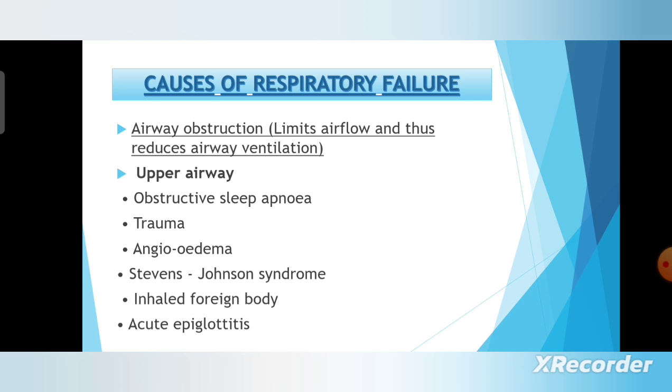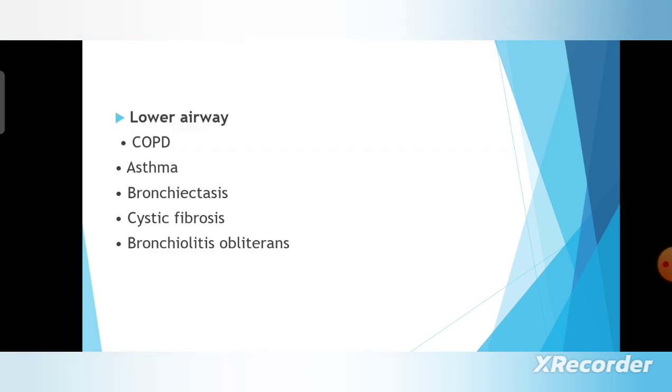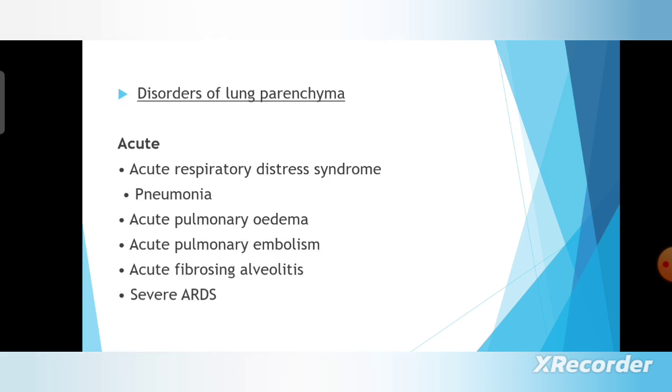Upper airway obstruction includes obstructive sleep apnea, stroma, angioedema, Stevens-Johnson syndrome, inhaled foreign body, acute epiglottitis, and the lower airway obstruction includes COPD, asthma, bronchitis, cystic fibrosis, bronchiolitis obliterans, and disorders of the lung parenchyma.